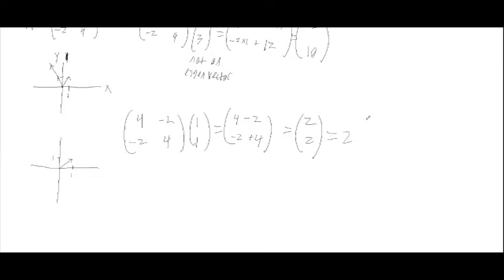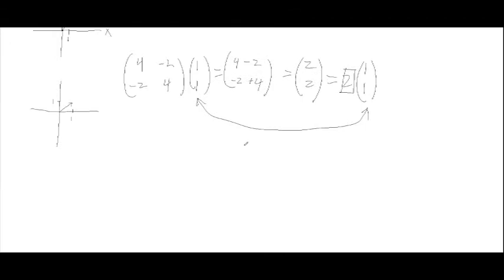And this we can say is the same thing as 2 times this vector. This vector and this vector are the same thing, it's just multiplied by this scalar. And so what we have is our matrix multiplied by our vector, which we'll call our psi, and that's equal to 2 multiplied by our vector.